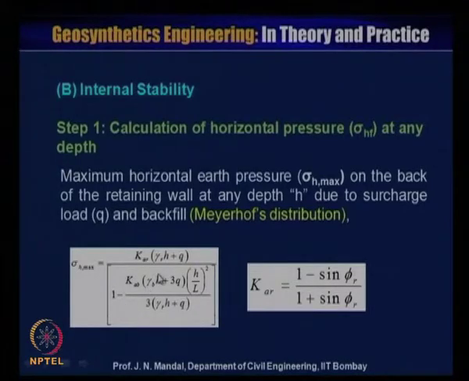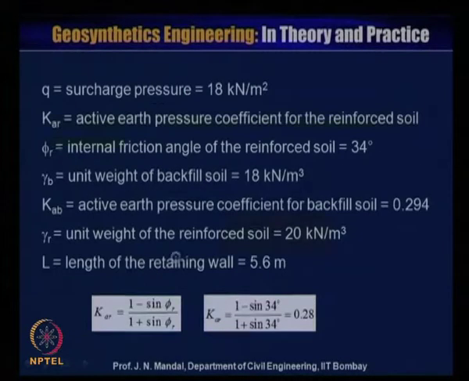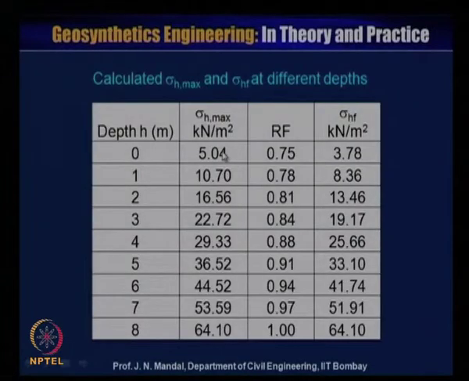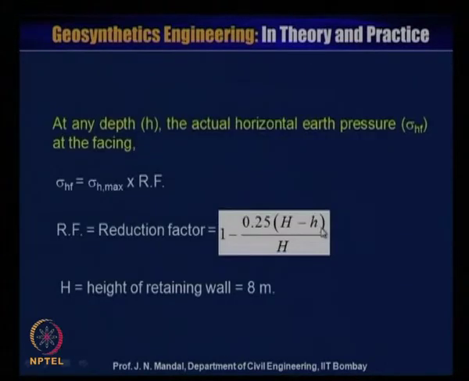So you have calculated sigma H maximum, and you are putting those values here. And then you are calculating the reduction factor at any depth. If you take small h value as 3 meter and capital H value as 8 meter, you can calculate what will be the reduction factor.